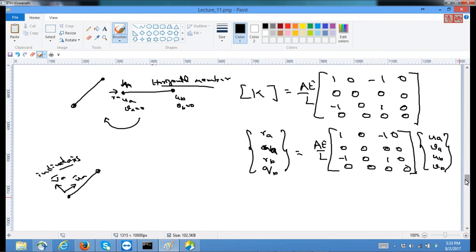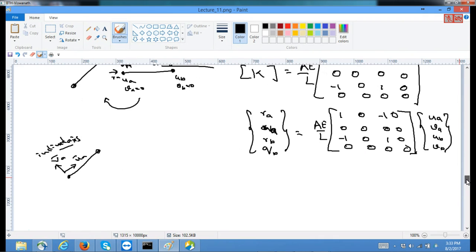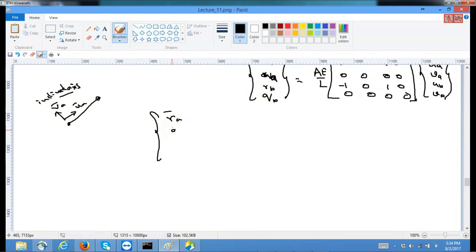So let me rewrite it: R bar A, Q bar A, R bar B, Q bar B. I'm writing the solution in this because I have only u bar a and u bar b, and I will only have corresponding reactions R bar A. Q is zero, but I still have to represent R bar B.